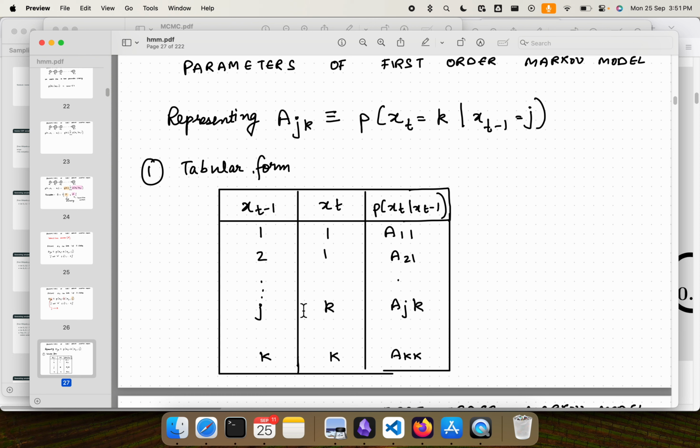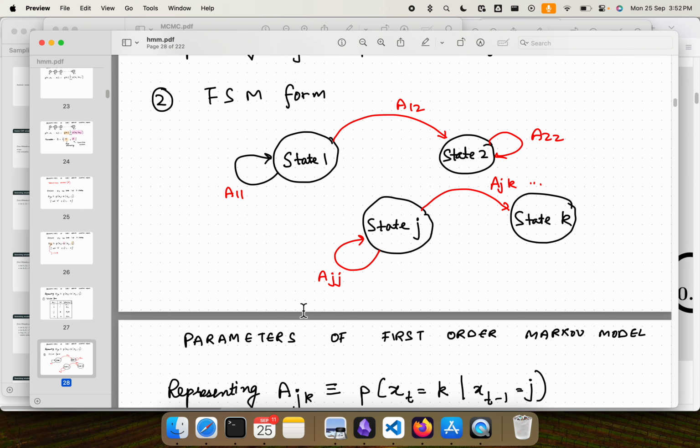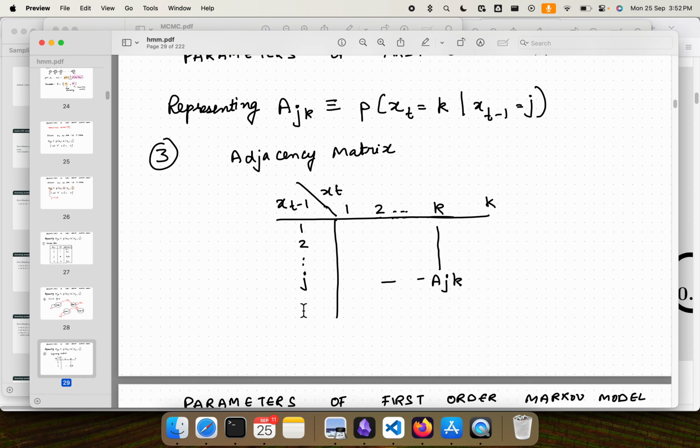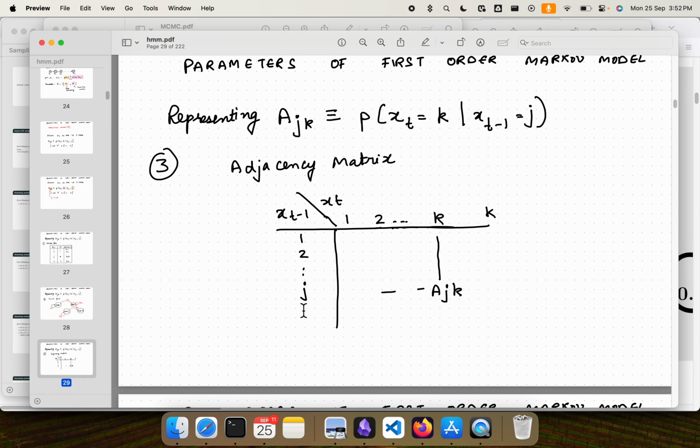What kind of a matrix? Okay. What is that called? State transition, or something else which you study in your DSLI courses? Adjacency matrix. Right? This is the finite state machine form, and this is the adjacency matrix form. Right? So I will typically be using the adjacency matrix or the finite state machine wherever they make more sense.